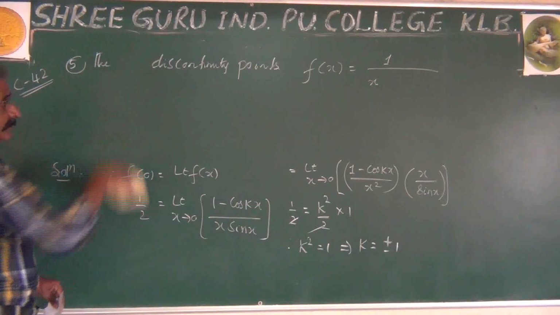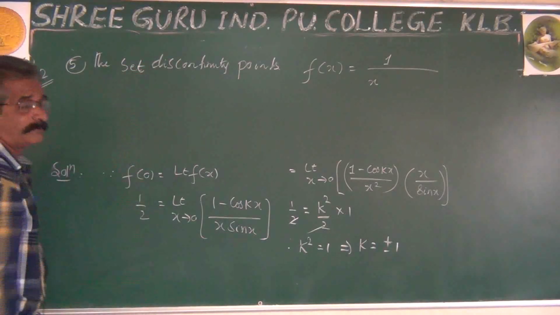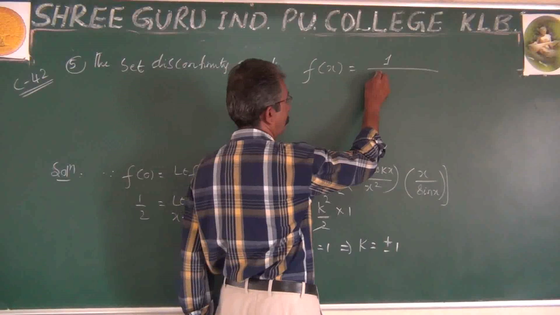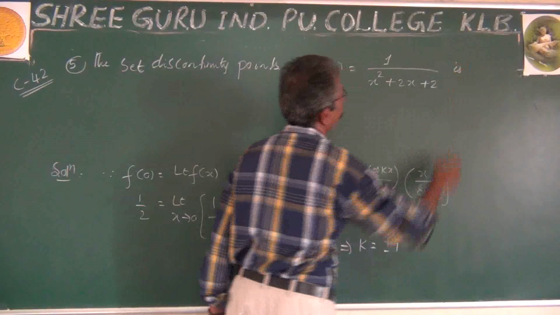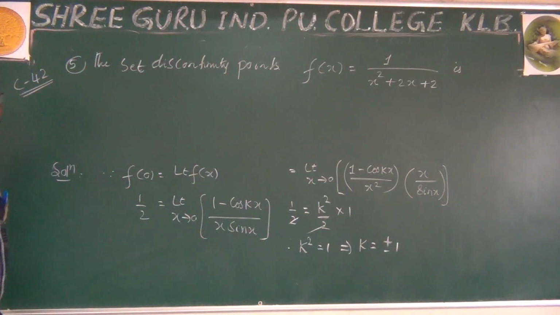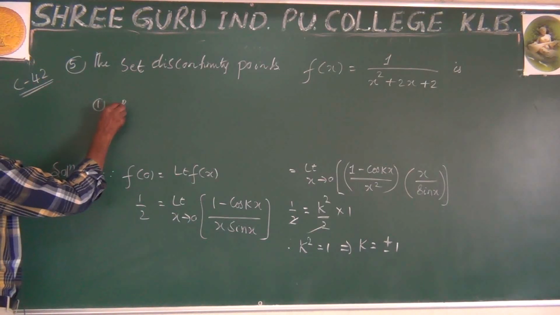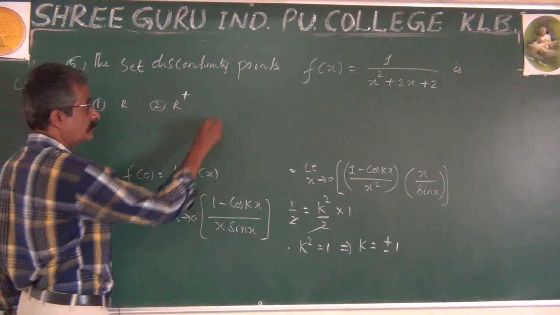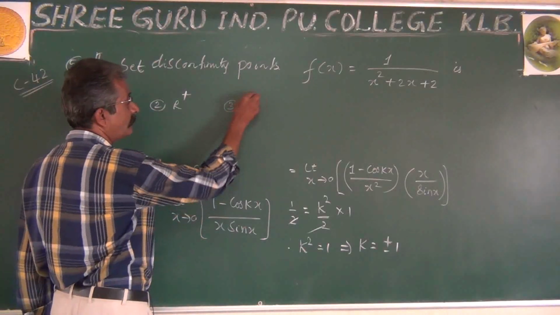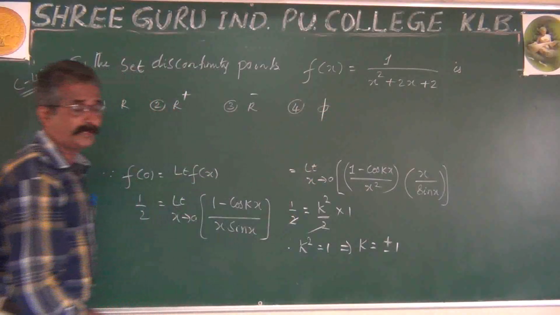You can write the set of discontinuity points of the function f of x equal to 1 by x square plus 2x plus 2, meaning in which set this function becomes discontinuous. First one, real number set. Second one, positive real numbers. Third one, negative real numbers. Fourth one, null set.